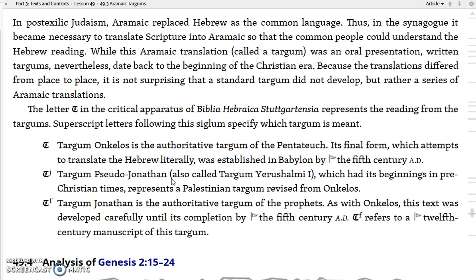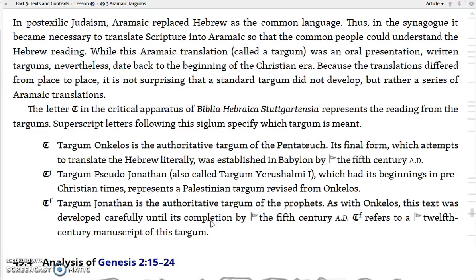But then you have that same symbol with a J by it. That would be the Targum of Pseudo-Jonathan. It's called Pseudo-Jonathan because it's ascribed to a certain Jonathan, but probably Jonathan didn't write it. But anyway, it's also called the Targum Yerushalmi first, which had its beginning in pre-Christian times, and it represents a Palestinian Targum revised from Onkelos. And then you have the Targum with a little F symbol by it.